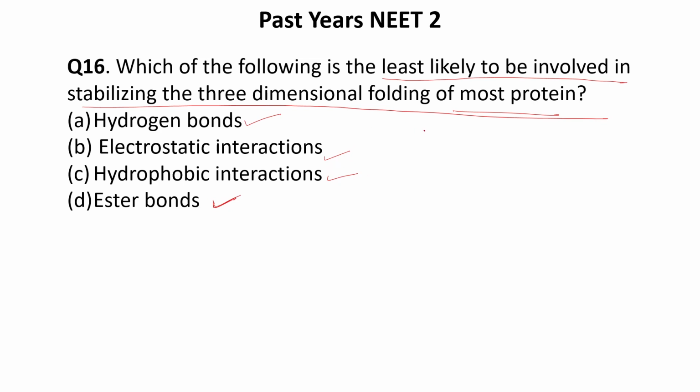If you remember the primary, secondary, tertiary, and quaternary structure of the protein, we have peptide bonds, covalent bonds, ionic bonds, van der Waals forces, and hydrophobic interactions.